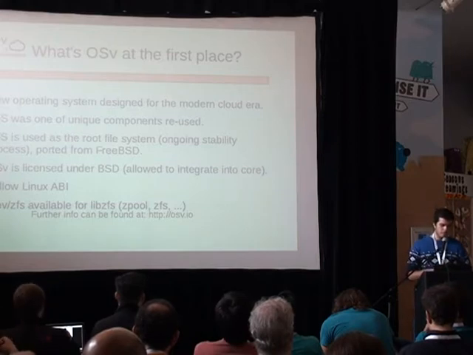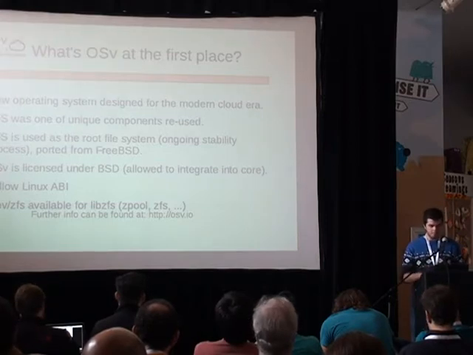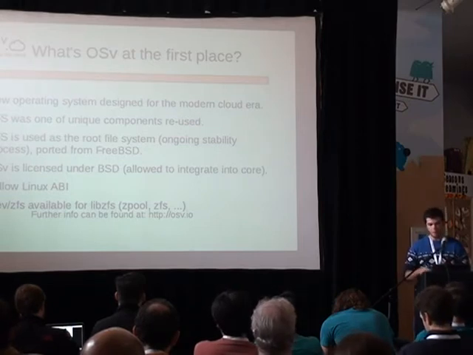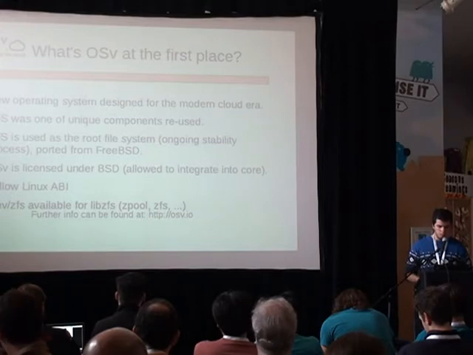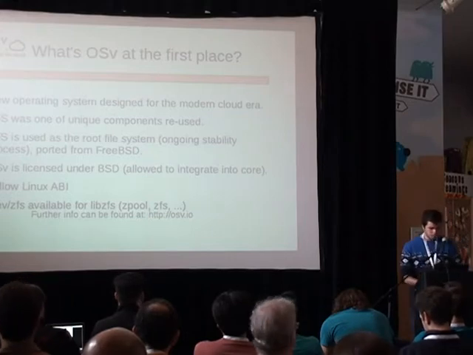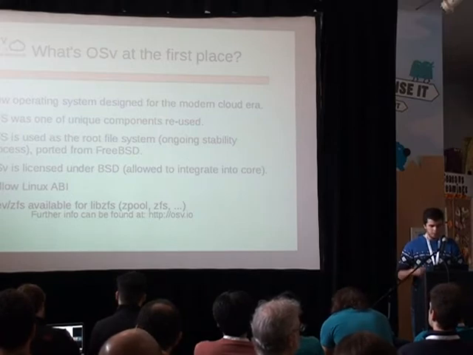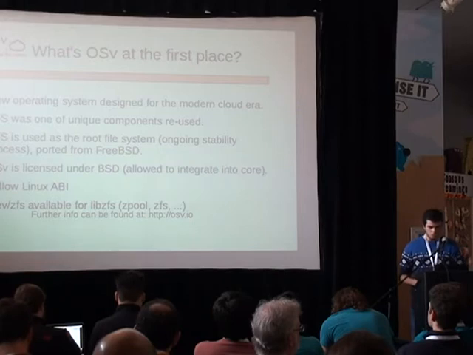So you have the ZFS device communicating with libzfs, and you have the commands on top of that for creating a pool or removing a pool, etc. And that's basically what OSv is. A simple operating system for running cloud workloads.